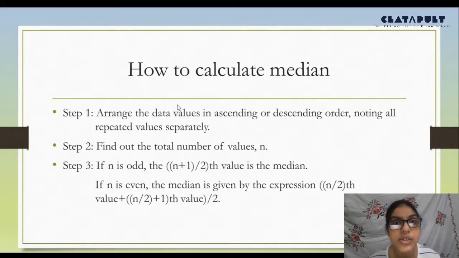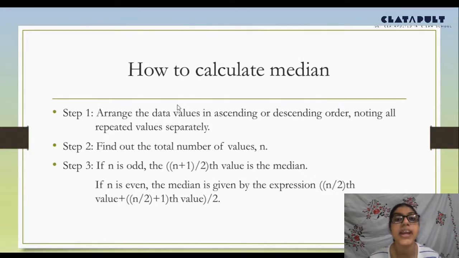In a situation where the number of values is even, however, you will not really get a midpoint as such in your data arrangement to actually find a median. You will get 2 values in the middle. So when you have an even number of values, you will take the n by 2th value, whichever is the n by 2th position, the value there.